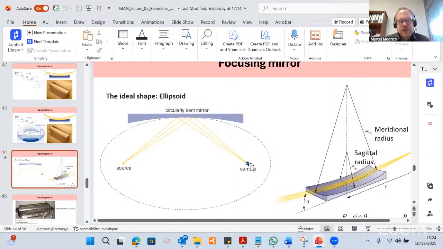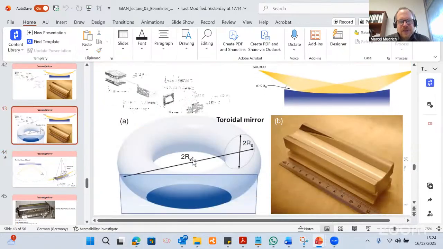other focal point. Maybe this is where the confusion came from: in many real mirror systems, we actually do not use elliptical curved mirrors, but toroidal ones.